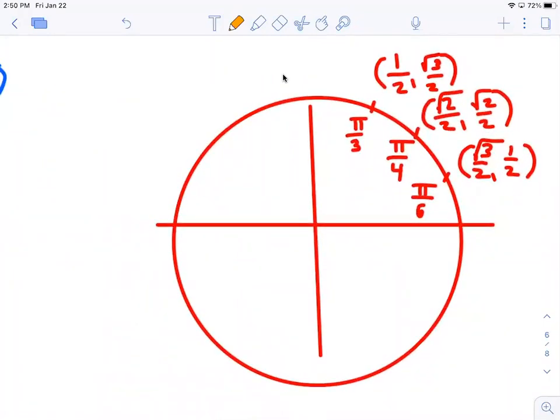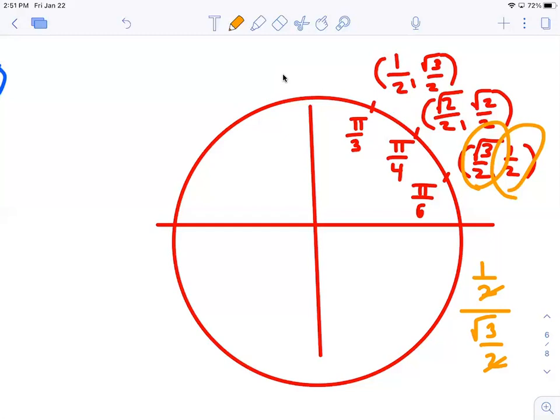So if I took the sine of 1/2 over the cosine of root 3 over 2, remember that little shortcut I showed you where the 2's will cancel? And we're left with 1 over root 3. And so pi over 6 is where the tangent of x is equal to 1 over root 3.